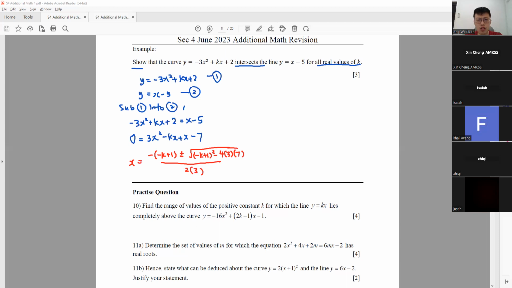So what the question is trying to say is that you must show me that this thing inside the square root will always be more than or equals to 0, must be positive. Otherwise, if it's not positive, they won't intersect. This is what the question is trying to show to us. Okay. So your b square minus 4ac will be equals to this.